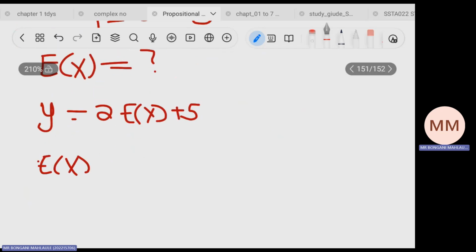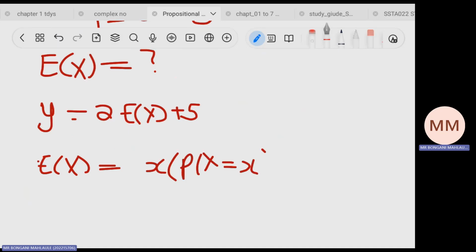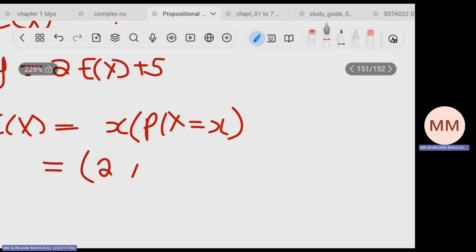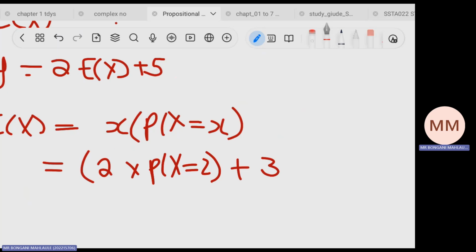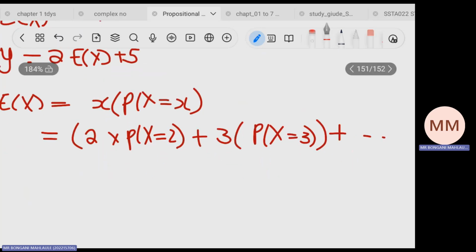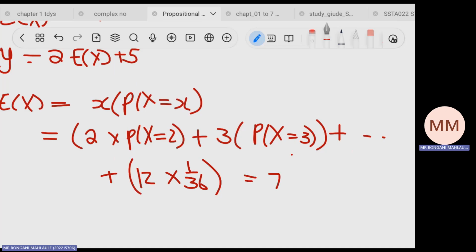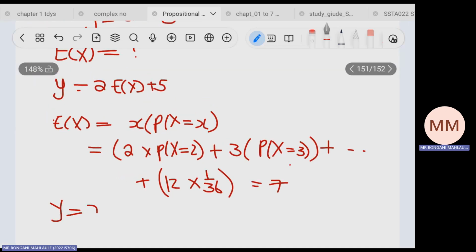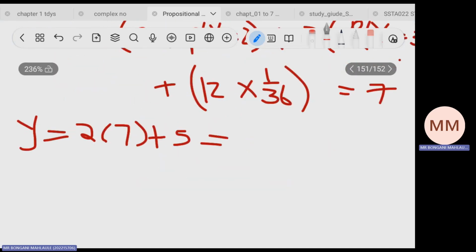So to get E of X, you're going to say the random variable times the probabilities, right? So you're going to check from 2 when X is equal to 2, 3 when X is equal to 3, obviously. Then you'll sum this until you get to 12 times 1 over 36. So the answer here will be 7. Then you'll have Y is equal to 2 times 7 plus 5. And then this will give us 19.